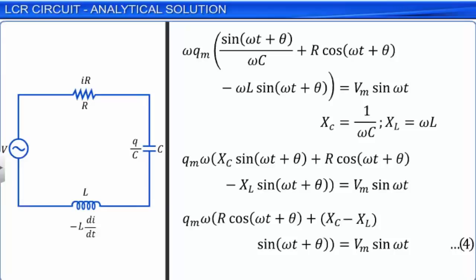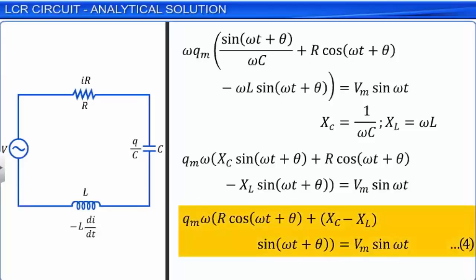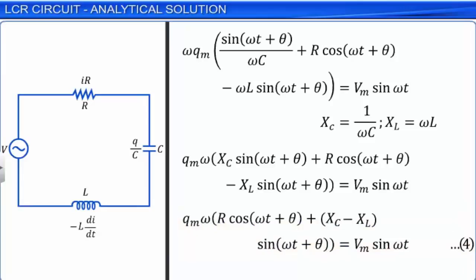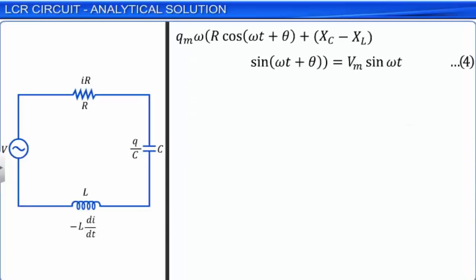Similar to resistance in a DC circuit, we introduce a quantity called impedance in AC circuits, denoted by Z. Here, Z is the impedance of the LCR series AC circuit and is expressed as Z equal to under root R square plus (XC minus XL) square. In equation 4, multiplying and dividing the left-hand side by the impedance of the circuit Z, we get equation 5.